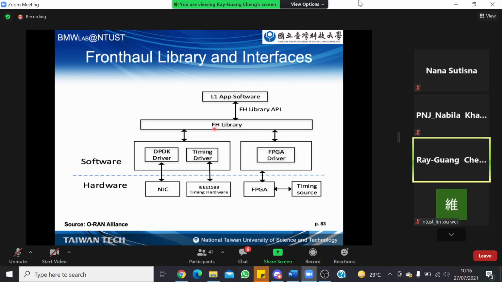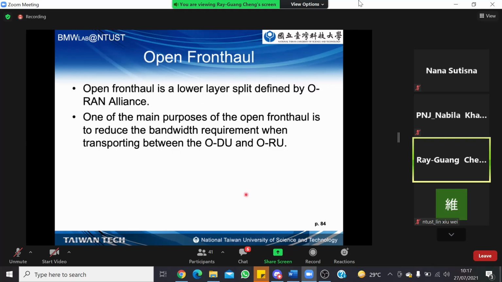In addition, in Intel's implementation, the Fronthaul library can also call an FPGA accelerator to do LDPC encoding and decoding. You can use the FPGA to speed up the process and reduce the processing delay.